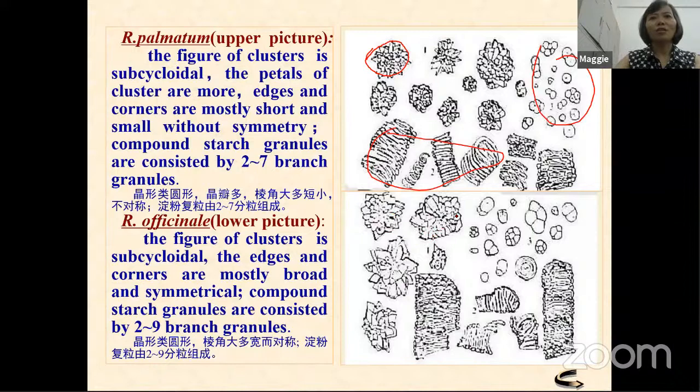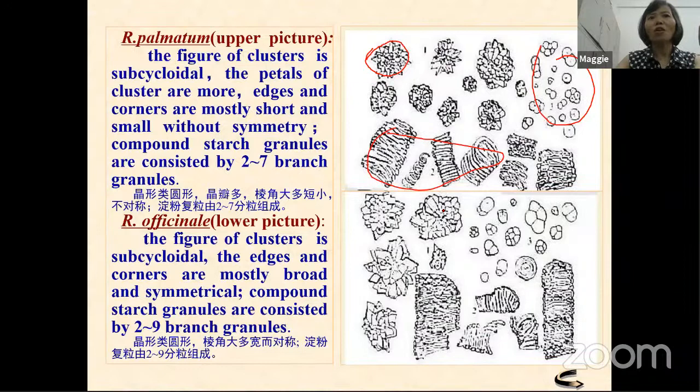The lower picture. These microscopic characters come from Zoomer Fresnel. The figure of the clusters is subcycloidal.